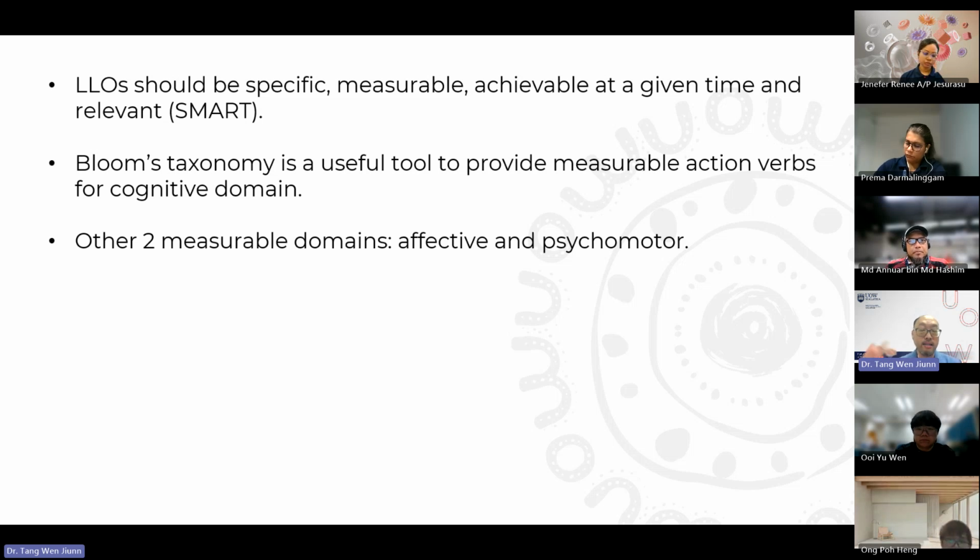For those that require affective, we refer to the affective domain, on what levels we expect the students to achieve. But for most programs and courses that involve theoretical lesson delivery, we always refer back to Bloom's cognitive domain taxonomy.